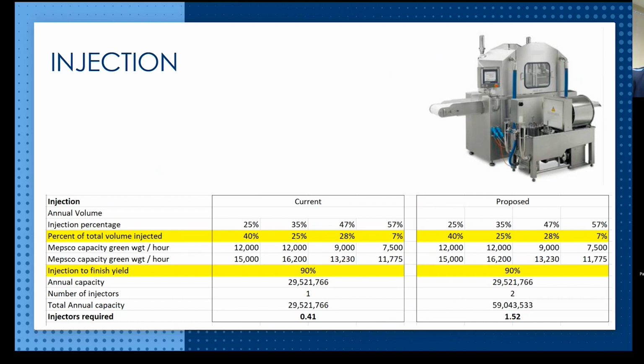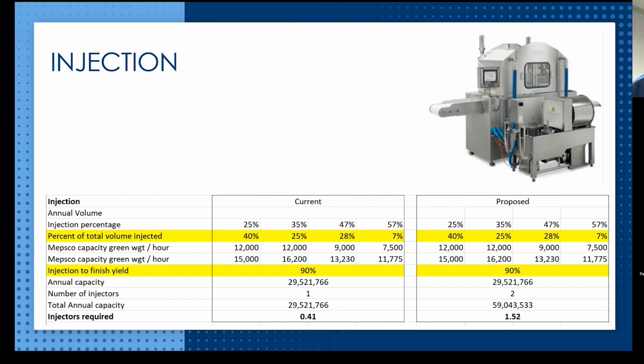This particular process starts when you're feeding the raw combos into the injection line. So we look at the injection percentages, the total volume of injection on an annualized basis. Then we run through a finished yield percentage.